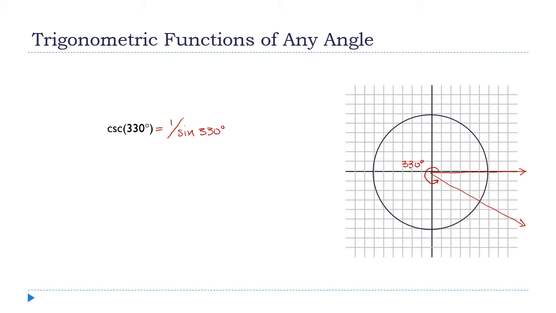Now, I'm looking for the coordinates of this point. So I'm going to fill in my right triangle here. And this angle here is my reference angle. That's going to be 30 degrees, right? The whole circle is 360, so that one's going to be 330.